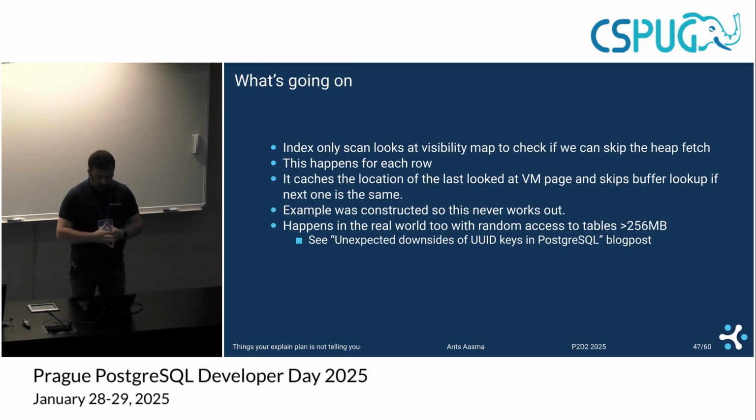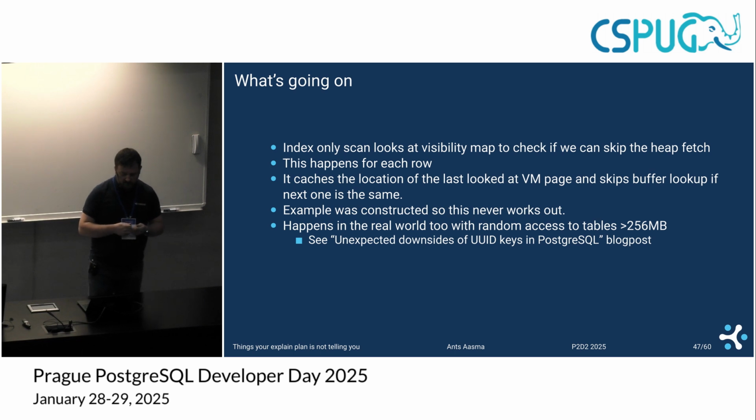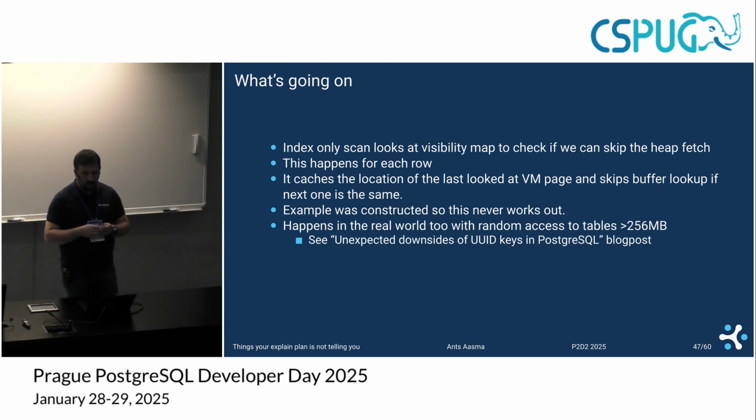The reason is that the index-only scan, to decide can we give this row out immediately or not, we have to check is this visible to us, and we go and check it from the visibility map and see if the visibility map says yes, we can immediately give it back. And for this we need to find the visibility map page in our cache.